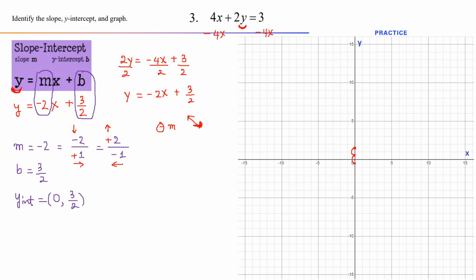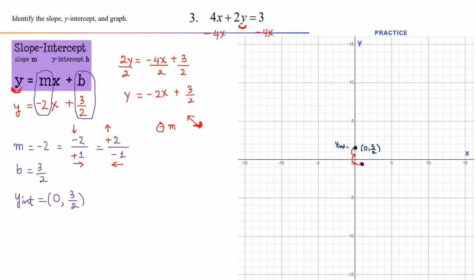And then we go right 1 unit right here. So we have another point. Let's do a darker point. So this is the first one, the y-intercept (0, 3/2). And then this is the new point we have.